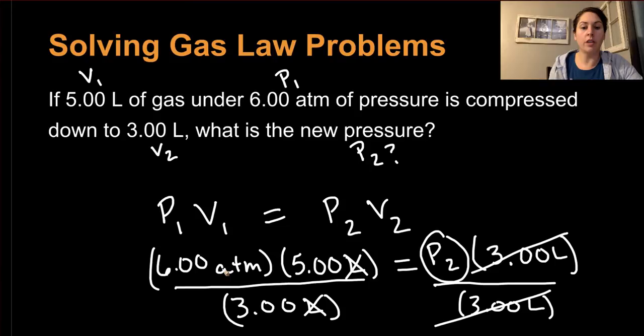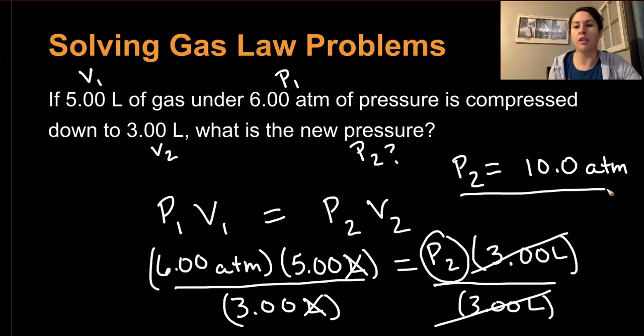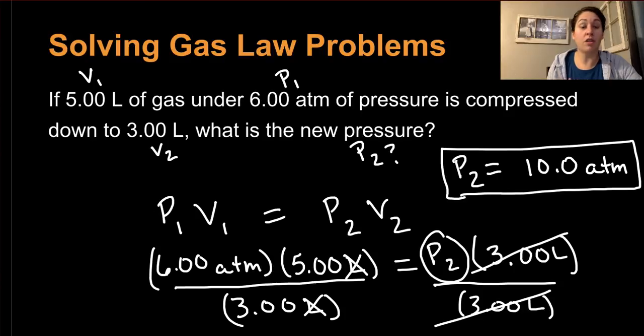So I do 6 times 5 divided by 3, and when we do that we find that P2 is going to be 10.0 atmospheres. We started with 3 sig figs in all of our numbers, so we should end with 3 sig figs because that was the least amount that we had. Okay. So that's how you would do one that was just using pressure and volume.